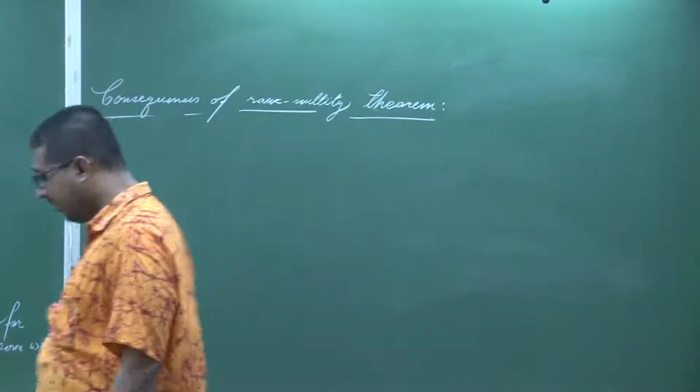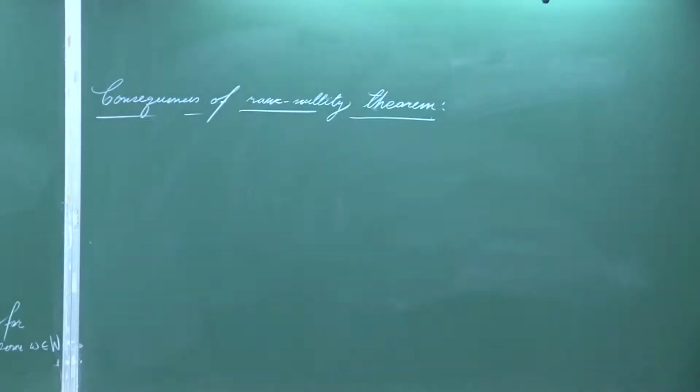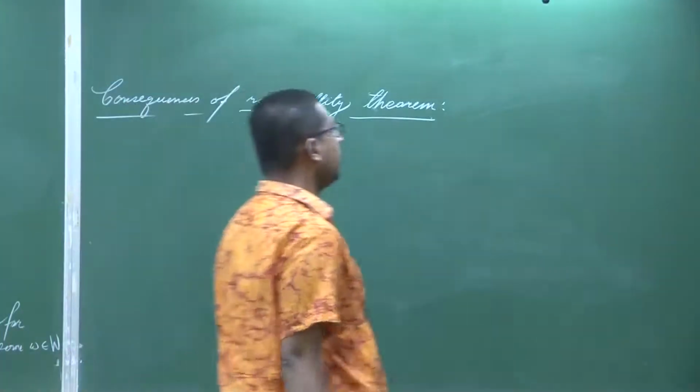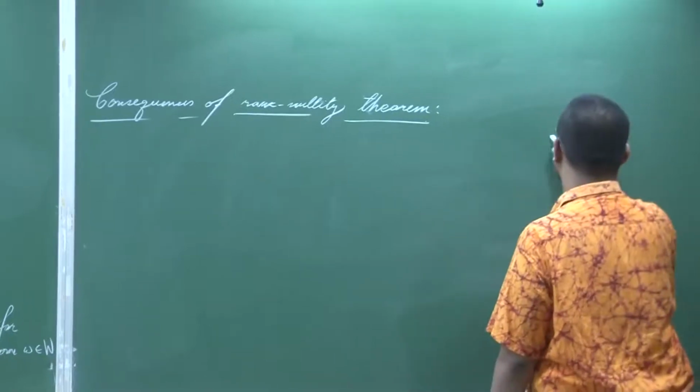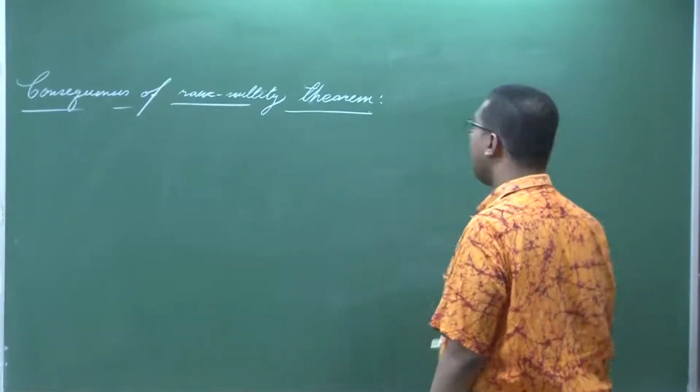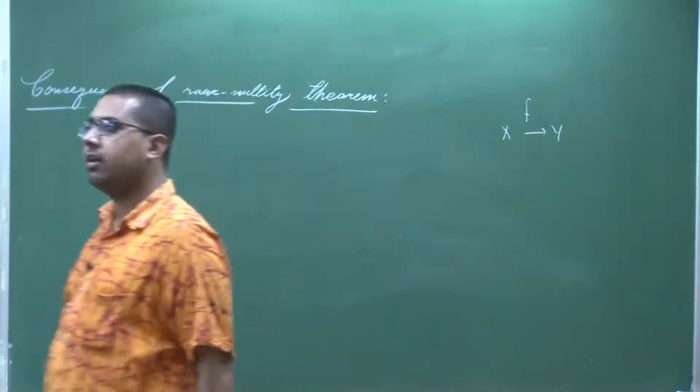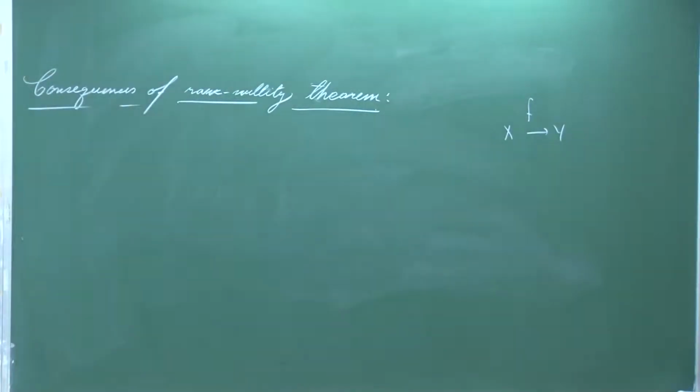Okay. So remember that if X and Y are two finite sets and suppose that they have the same number of elements, then a map F from X to Y is injective if and only if surjective if and only if bijective. So we are going to see the analog of that phenomenon in the context of finite dimensional vector spaces.